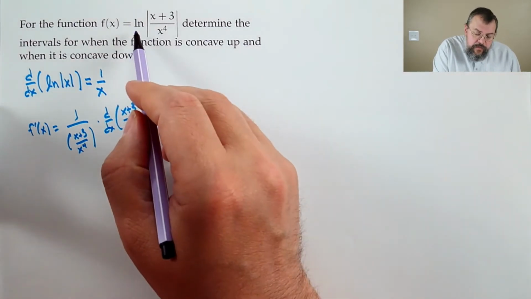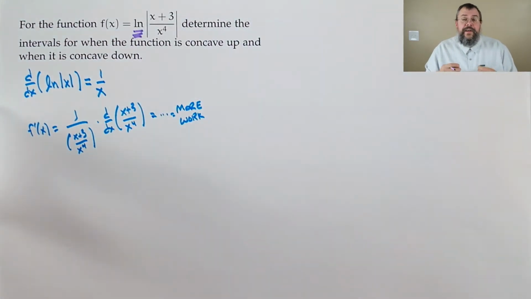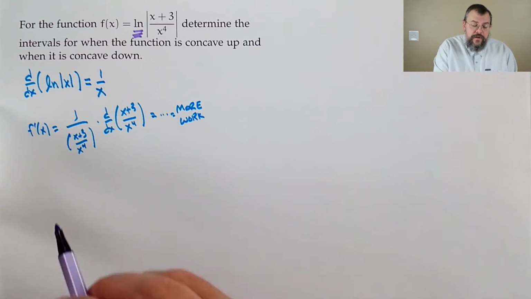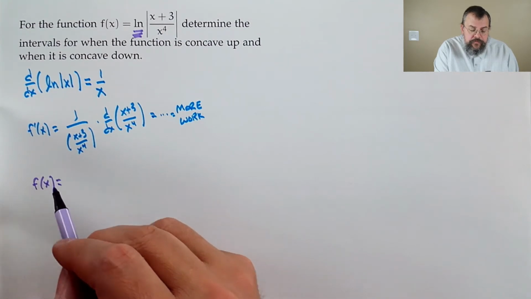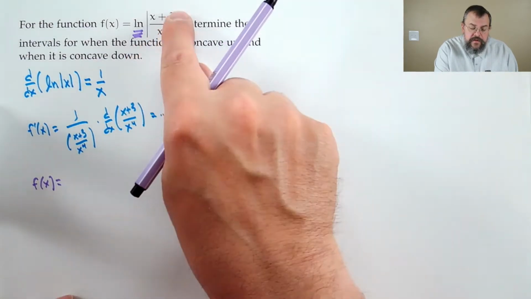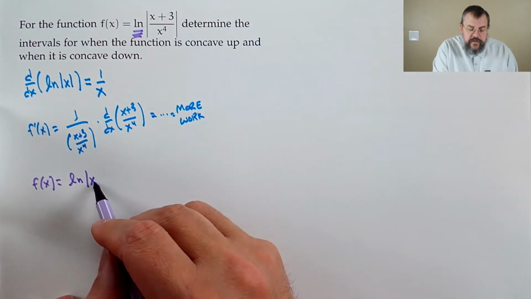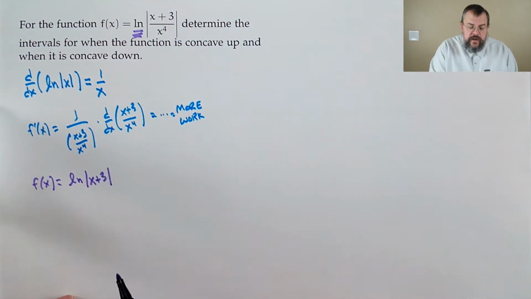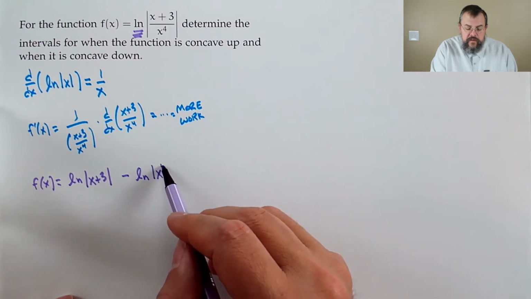This is especially true whenever you see a log, because log has lots of wonderful ways to rewrite things. So before we take any derivative, we should say, hey, whenever I have log of a division, that becomes log of a subtraction. So I can say log of x plus 3 minus log of x to the fourth.